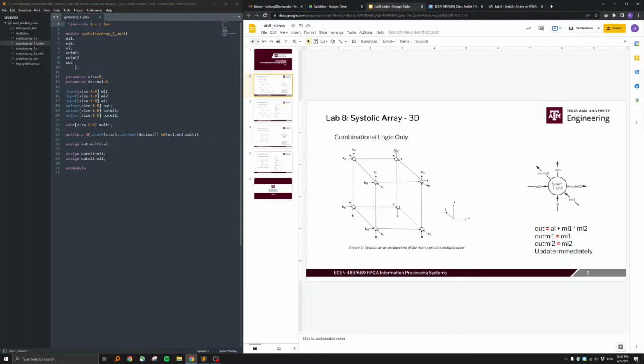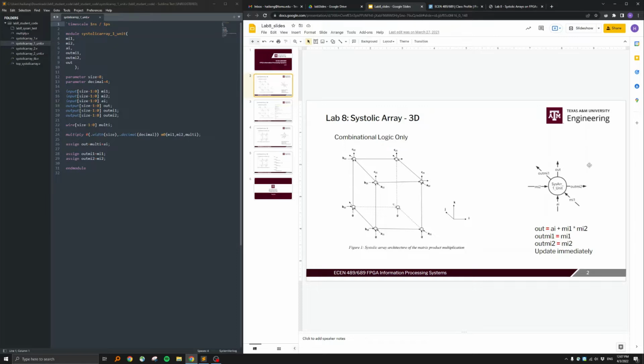And so this is the wire connection of this systolic array design, and each of the nodes on these corners is actually a systolic array unit. This is a calculation unit.